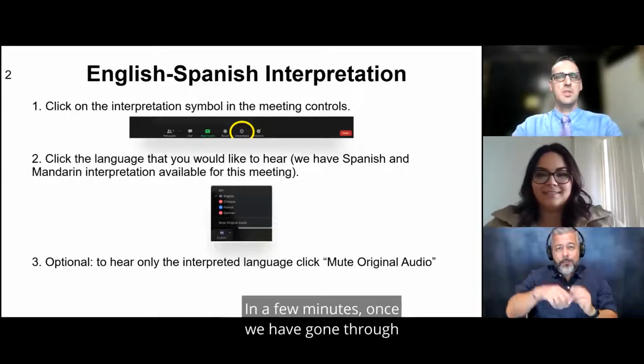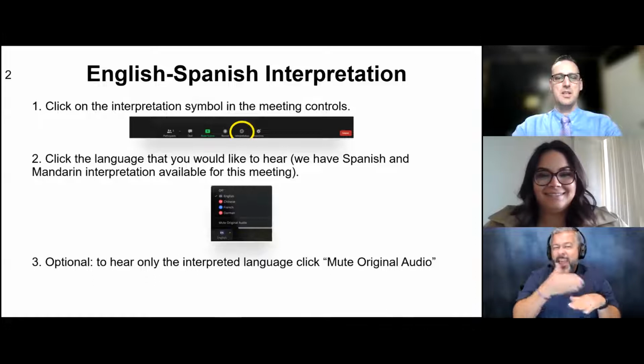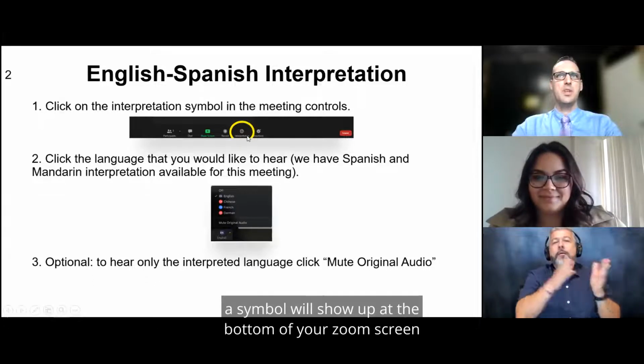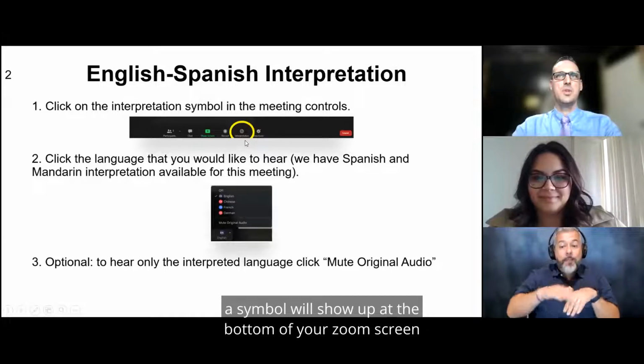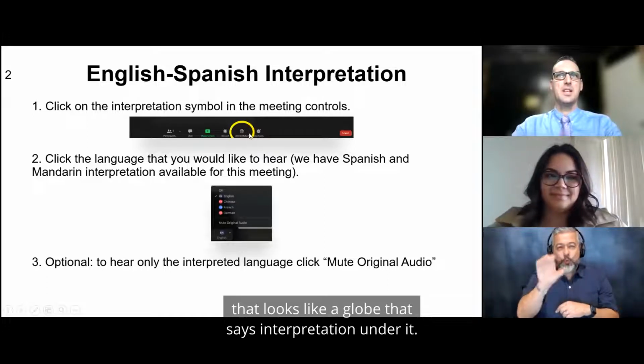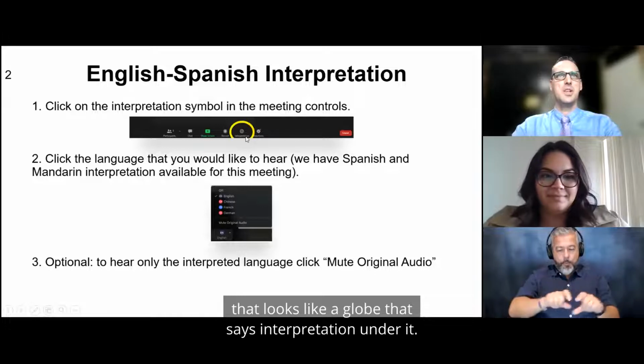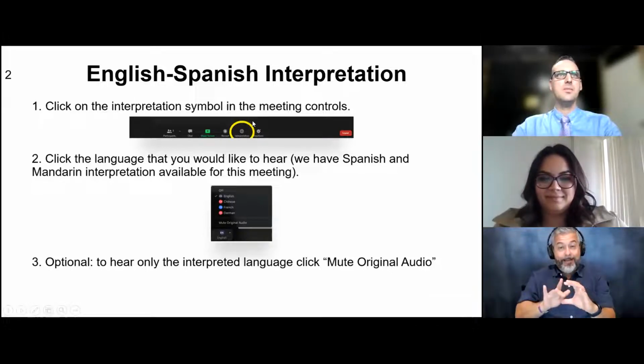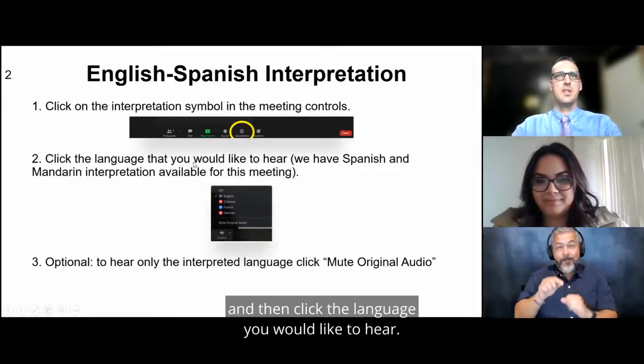In a few minutes, once we have gone through the rundown here, a symbol will show up at the bottom of your Zoom screen that looks like a globe that says interpretation under it. What you will do is click on that symbol and then click the language you would like to hear.